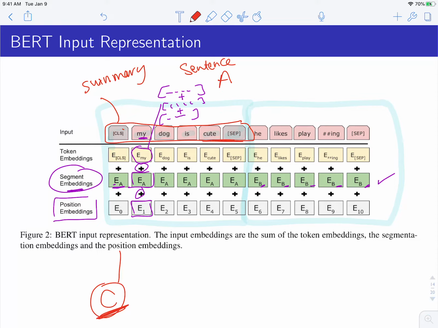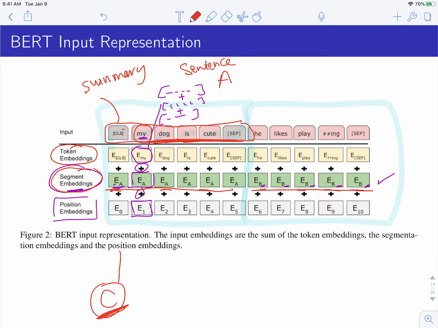Now this is supposed to show us that, given a token, we have an embedding for the token, and we have a segment embedding, which is a vector of ones for each word in this sentence and a vector of zeros for each word in the second sentence, just to distinguish the first sentence from the second.